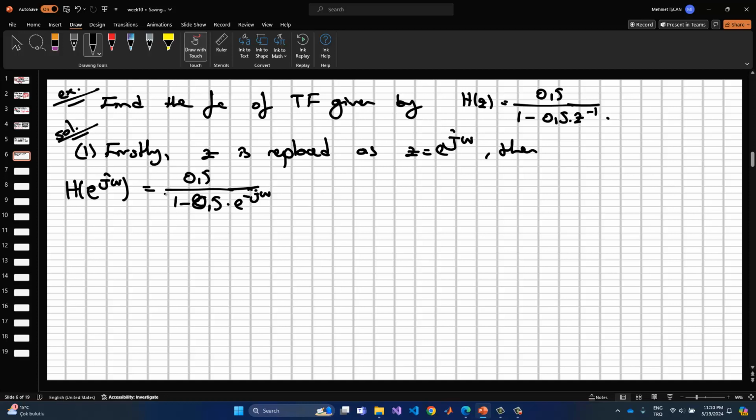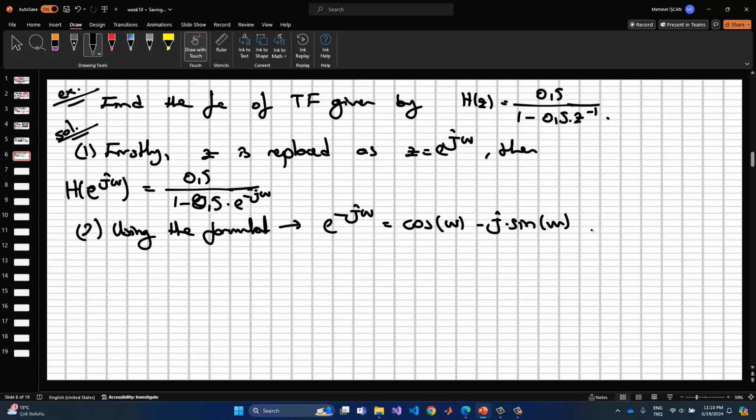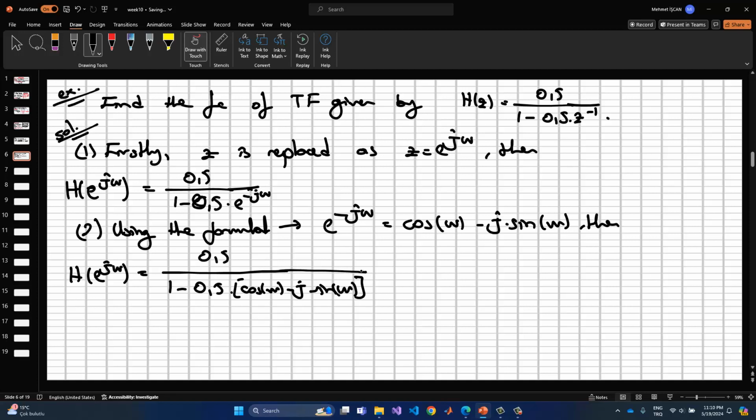And then we need to use the formula e^-jω equals cos ω minus j sin ω, and then we can write that H(e^jω) is equal to 0.5 divided by 1 minus 0.5 times (cos ω minus j sin ω). Okay, these are the cases, right?